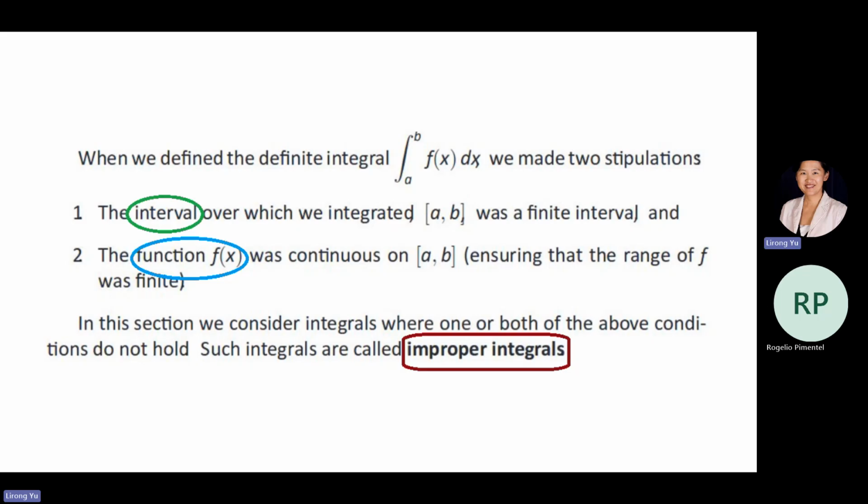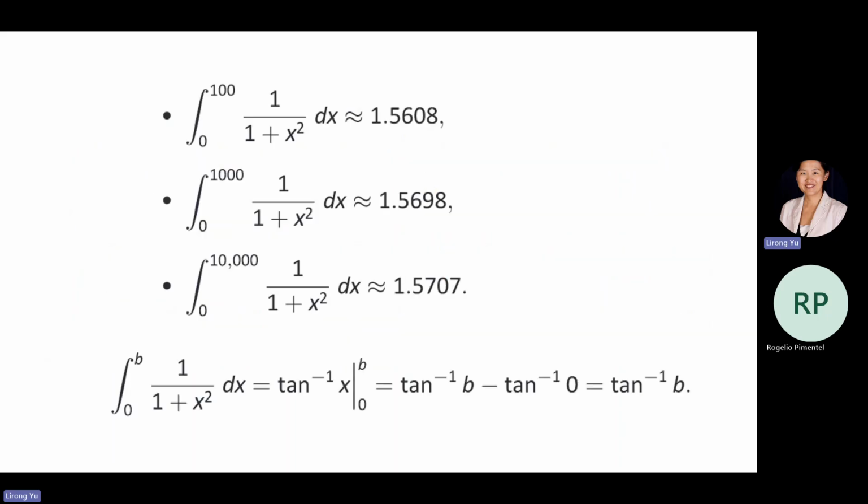So the concept of having an infinity on your number line is artificial, but it has its purpose. A lot of the time, we don't have a definite upper limit. You can say the upper limit is 1,000, just like in this example, or 10,000, or 100,000, but you cannot explain the idea that, in fact, the integration from 0 to infinity of 1 over 1 plus x squared dx is roughly 1.57.